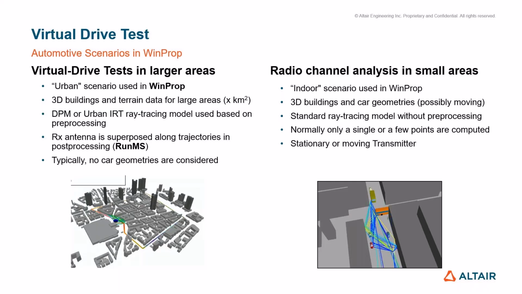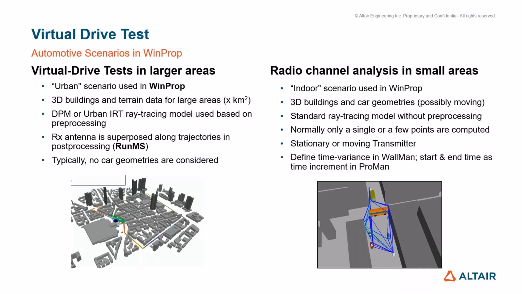The transmitter itself can be set as a fixed infrastructure antenna, or it can also be a moving antenna on one of the vehicles or any other moving geometry in the database. And of course, we can define some time variance accordingly in our tool Wallman, where we can set all the start and end time and the time steps with which these geometry objects are moving.